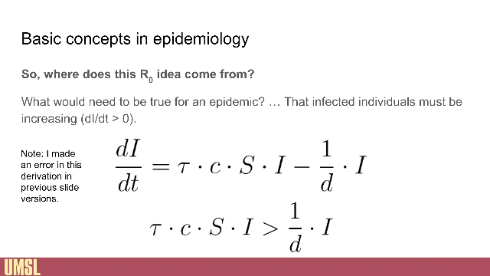And if that is true, that means that this dI/dt, the rate of change of infected people, has to be increasing, okay? And so this dI/dt, the rate of change of infected people, has to be greater than 0.